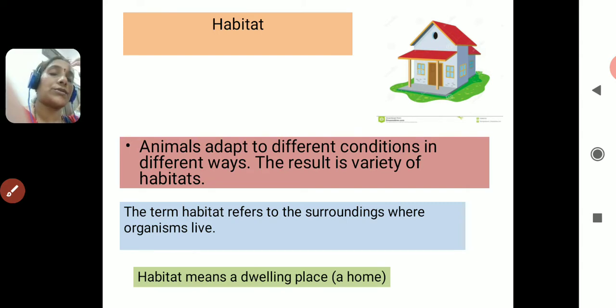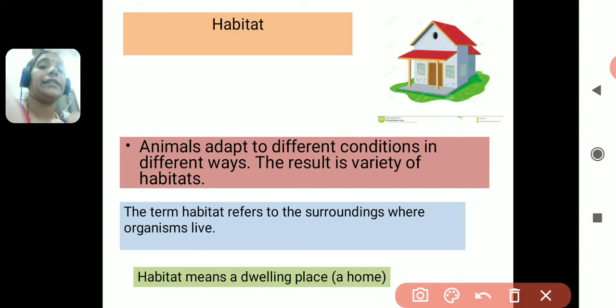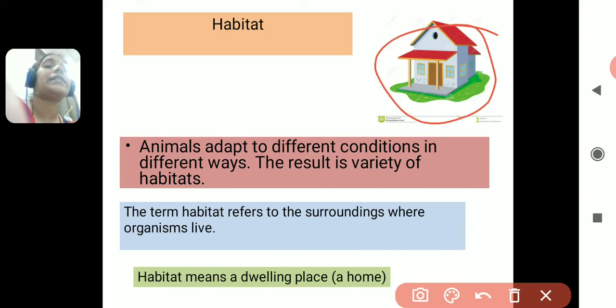So I hope students now you are able to know about the habitat and what the habitat gives us. It gives us protection from heat, cold and rain. It gives us food, it gives us shelter.